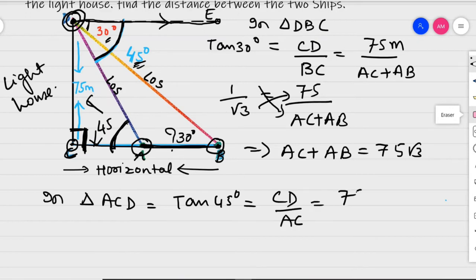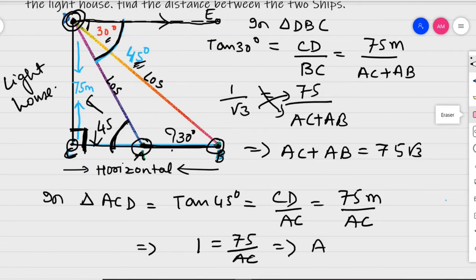CD is 75 meters, and you don't know AC. Tan 45 is 1, so 1 equals 75 by AC, and from here you are getting AC equal to 75. Call the first result equation 1 and this one equation 2.